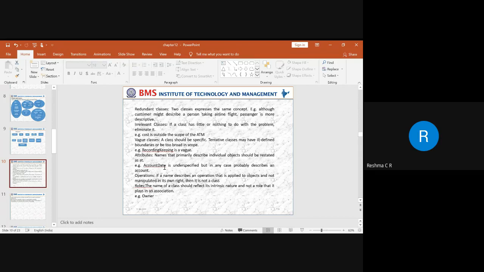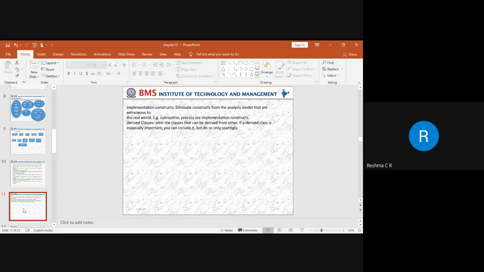So if you take a person and a company, on the person side you can have an association named employee. Employee describes what he is going to play, what his role is in a company. So to identify that particular nature, we need to indicate the role in a class name.